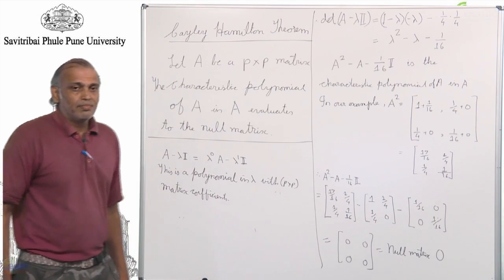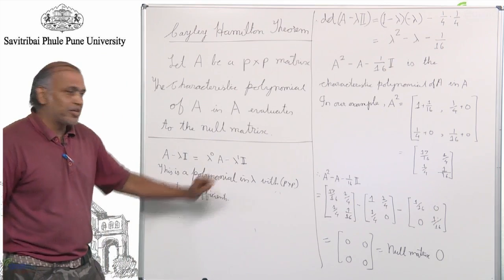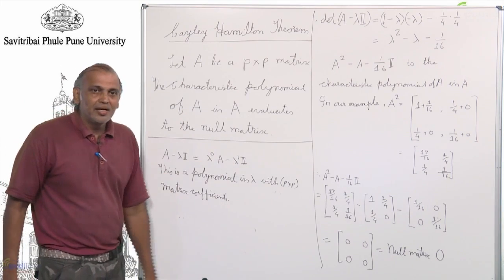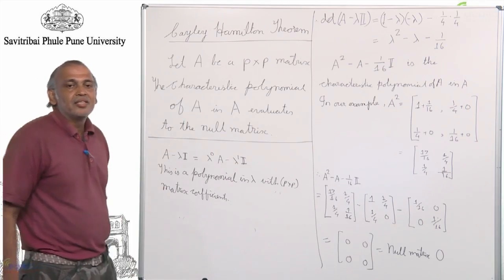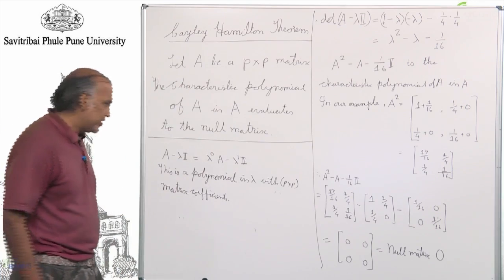The largest power of lambda having a non-zero matrix coefficient in this expression is lambda to the power 1. It has coefficient identity matrix. So you could say that the degree of this polynomial is 1. We will come to this concept a little later.